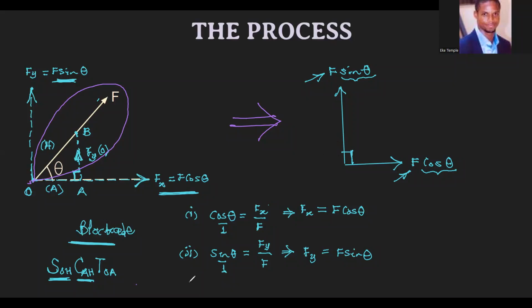As a general rule, the blockade, or the force with the same orientation as the blockade, will always take sine of the angle. The blockade takes sine of the angle. This is the most important generalization when it comes to resolution of forces.